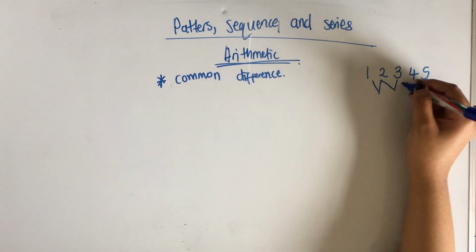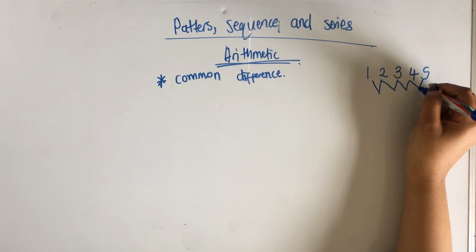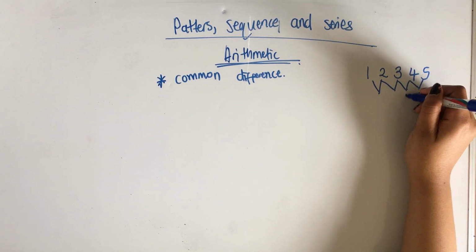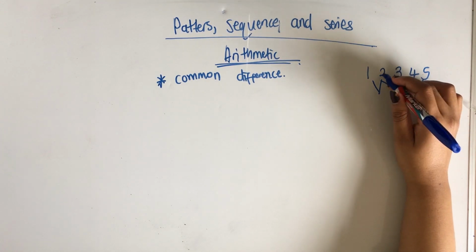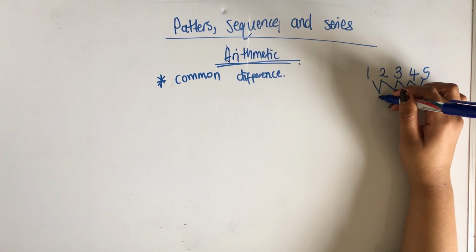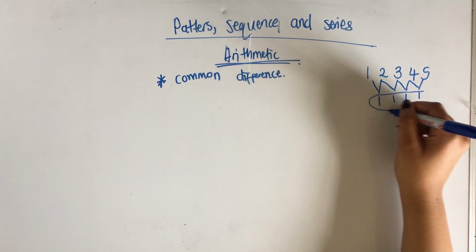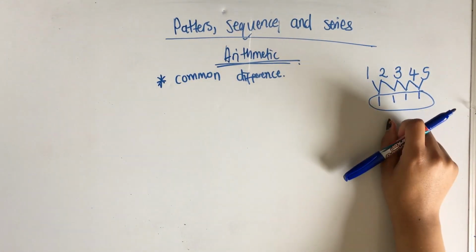As you can see, the difference here is common, because 5 minus 4 is 1, 4 minus 3 is 1, 3 minus 2 is 1, 2 minus 1 is also 1. So you can see that the difference is common.